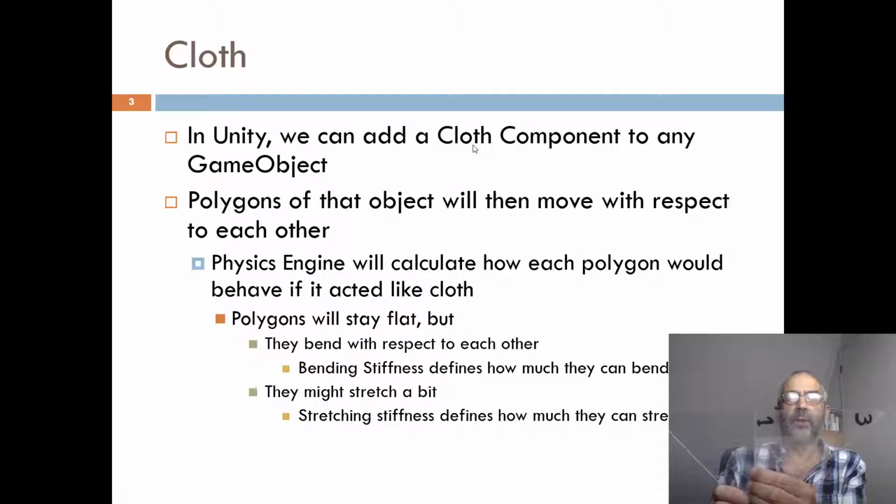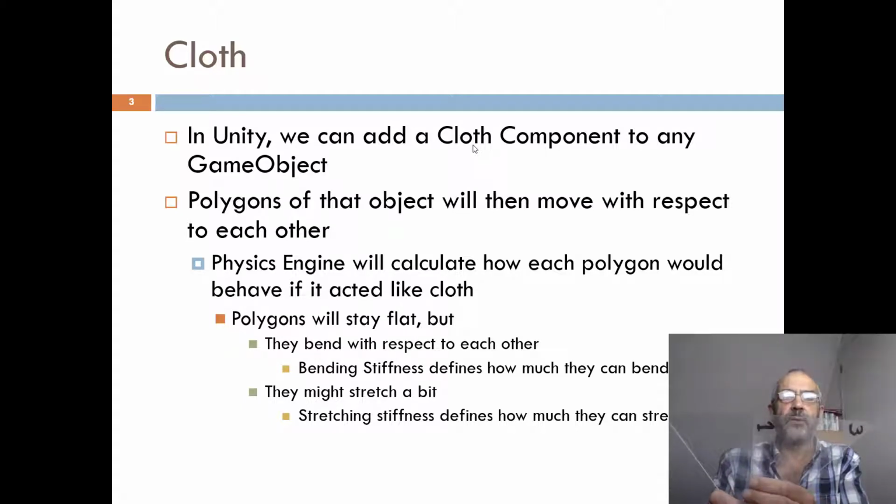They can't move. Only the whole thing can move, but not the polygons separately. But if we have a cloth, then the polygons will be able to bend like this with respect to each other. So that is part of the cloth behavior.